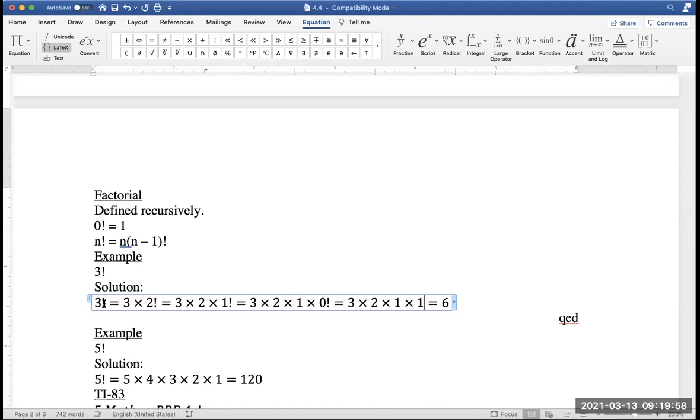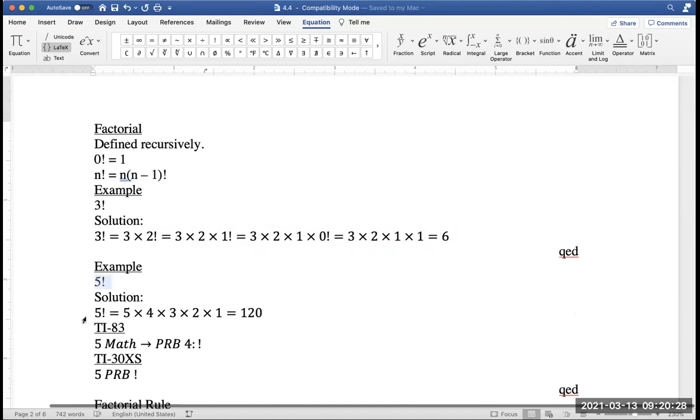So 3 factorial is 3 times 2 factorial, 2 factorial is 2 times 1 factorial, just keep going on this recursive definition. 1 factorial is 1 times 0 factorial, but then you end because 0 factorial is 1. Therefore, 3 factorial is 3 times 2 times 1. I don't need to add the extra 1 there. So 6.